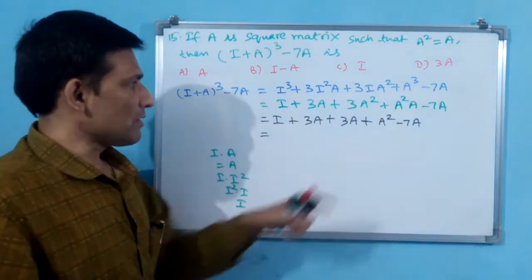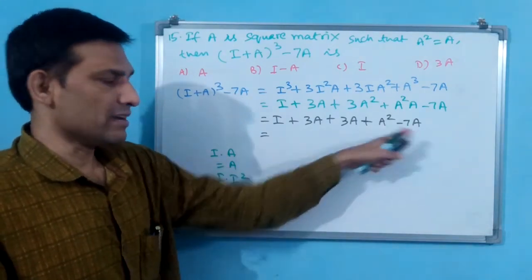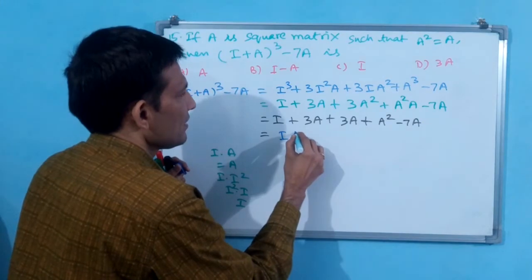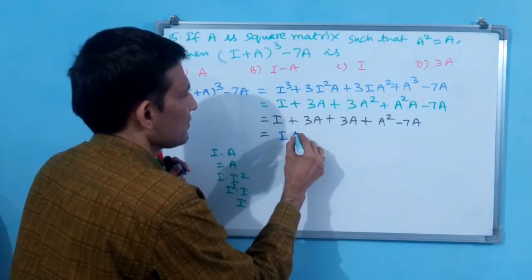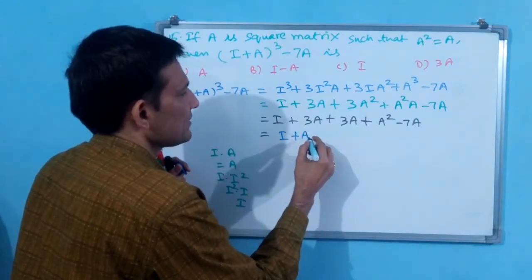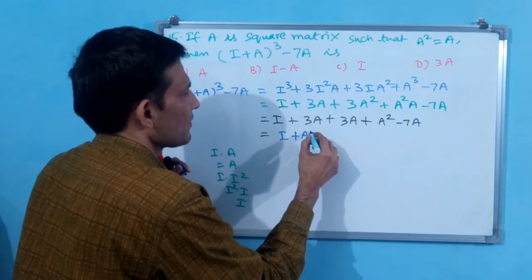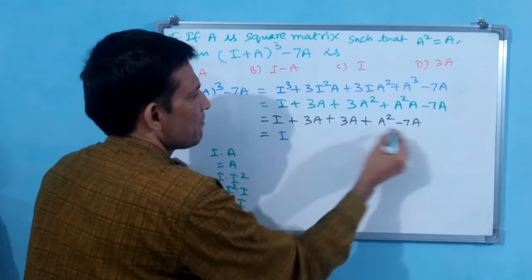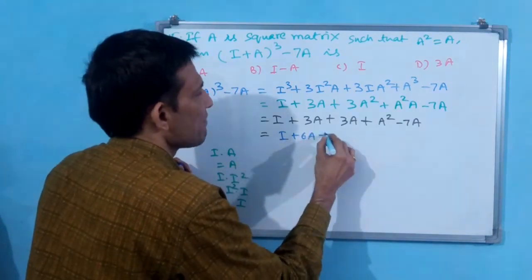Now we do something, because minus 7A plus 6A minus A. Write down I plus 6A minus 7A.